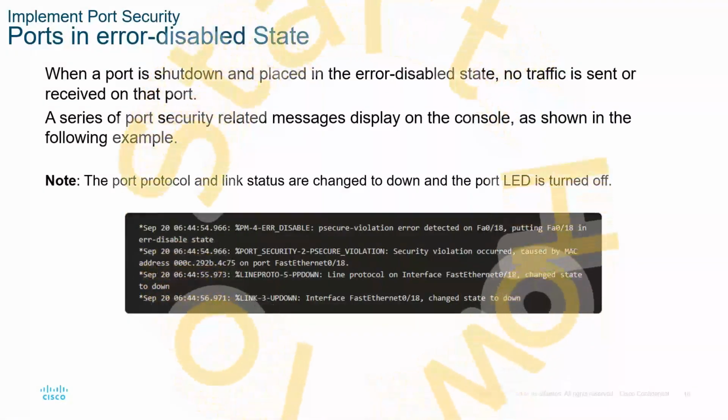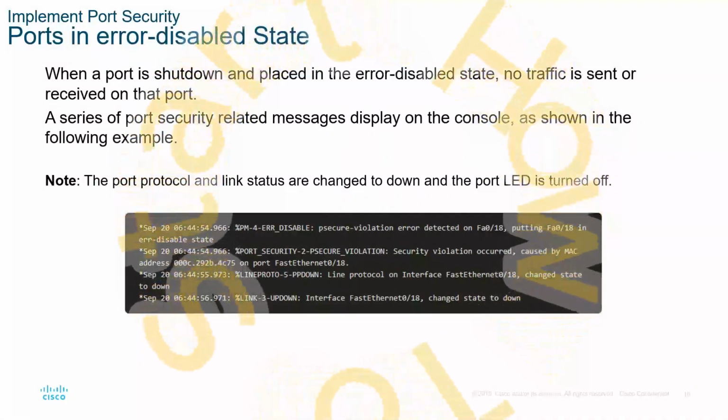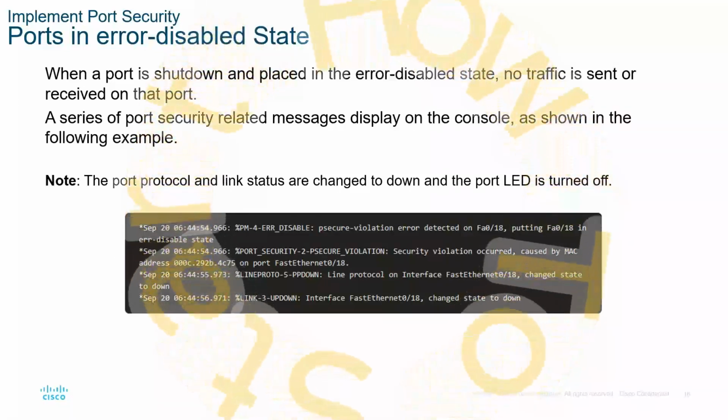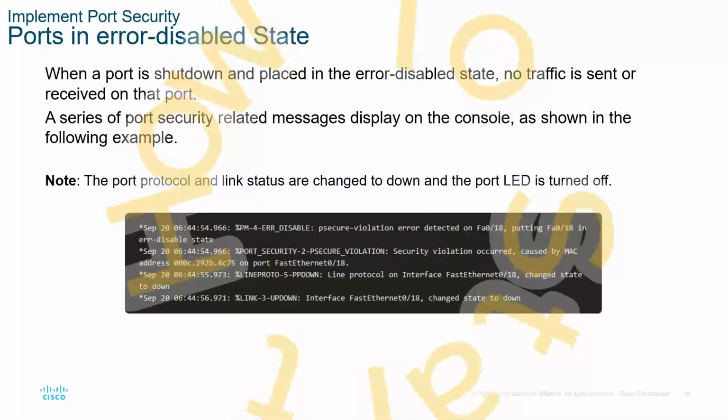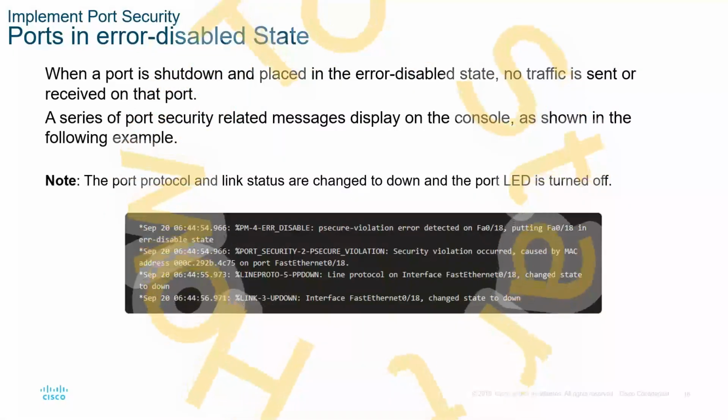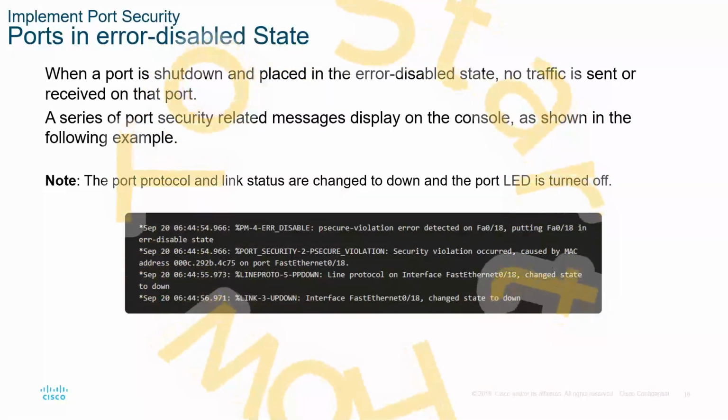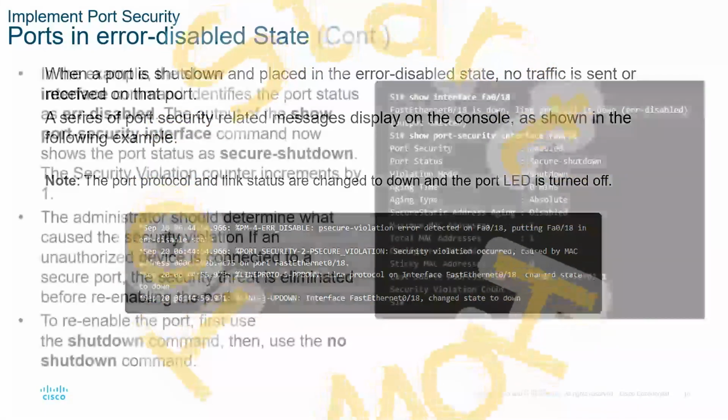We've already talked about error disabled, and this is when the port is placed in an error disabled state and no traffic is allowed on it. The port protocol and link statuses are changed to down, and the LED is also turned off, and this is the system log message that you should be receiving.